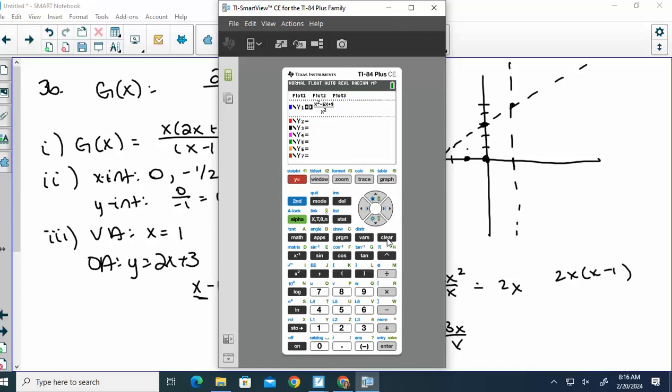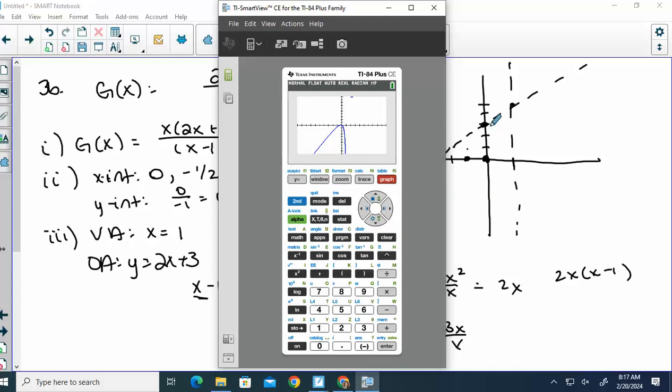So if I want to graph this, we have 2x squared plus x on top and x minus 1 on the bottom. Okay, am I seeing everything right now?